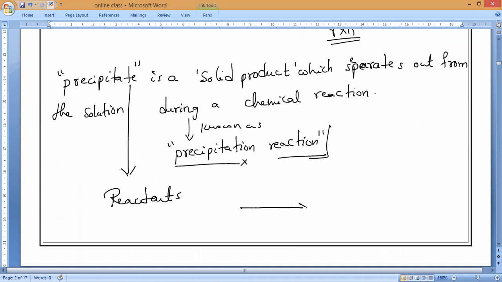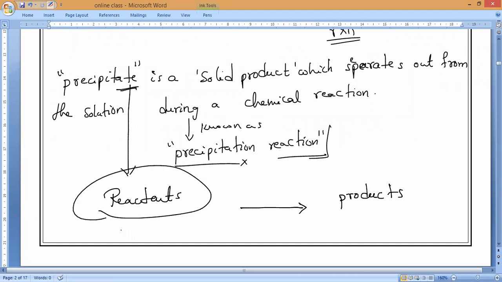If we take an arrow, this side we write reactants, and this side is the products. Remember, guys, whenever a precipitation reaction comes up, the minimum number of reactants required is 2.